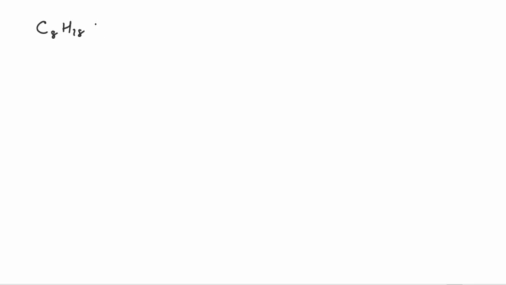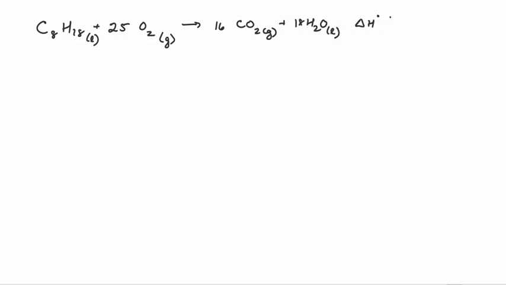So if we have liquid octane reacting with gaseous oxygen, then we can combust it with this equation. And the delta H, the standard heat of combustion here, is negative 5,460 kilojoules.